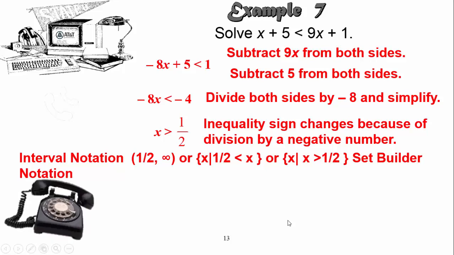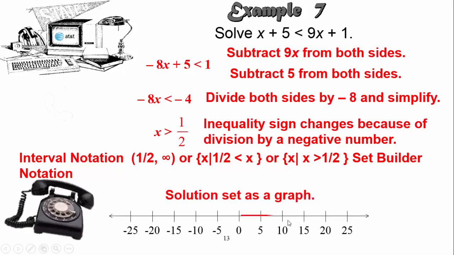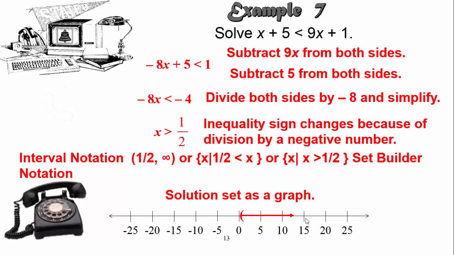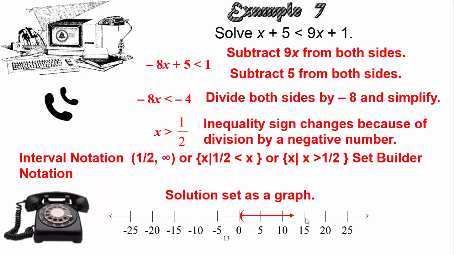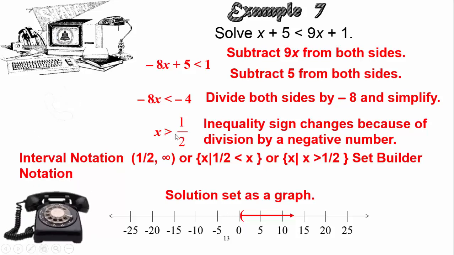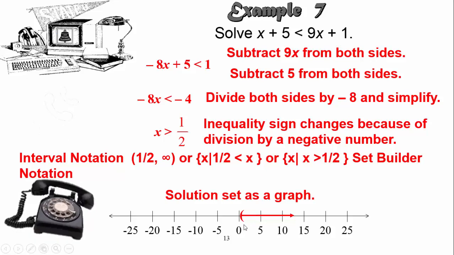That is why when we graph it, we see that the arrow is going to be pointing to the right, which means it's going to be getting bigger and bigger. And since we do not include the 1/2, because there's no little equality sign under our inequality sign, meaning that little line, we put a round bracket here at 1/2.